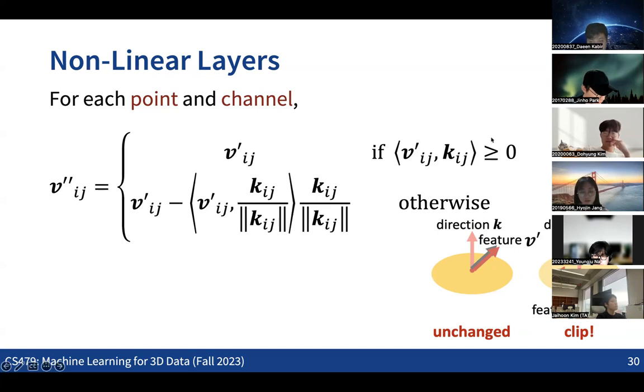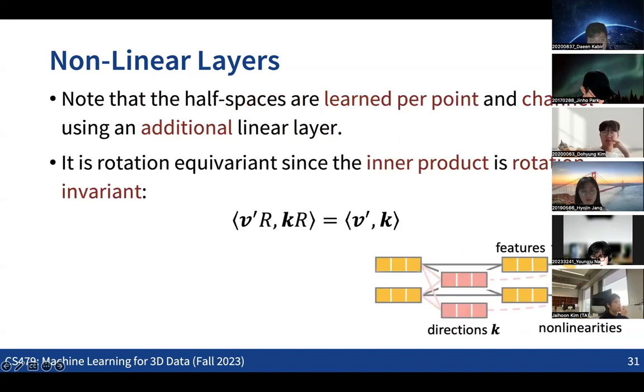So the dot products are rotation invariant, and everything else is rotation equivariant. In this way, we can guarantee that this operation is also rotation equivariant. So that's the way we define the activation functions. Is it clear?